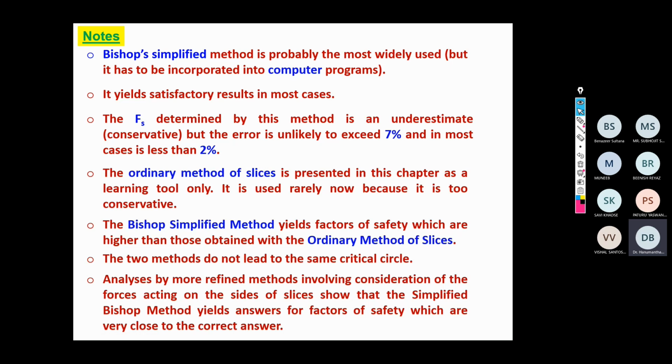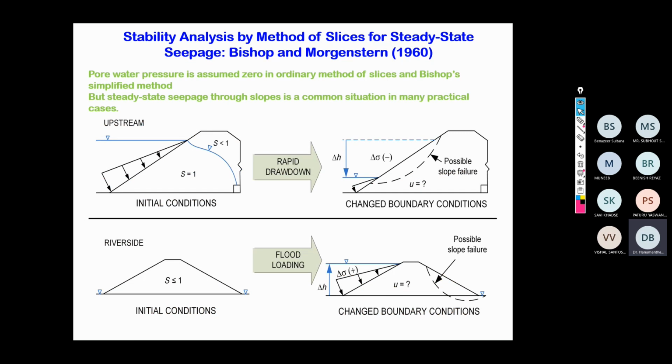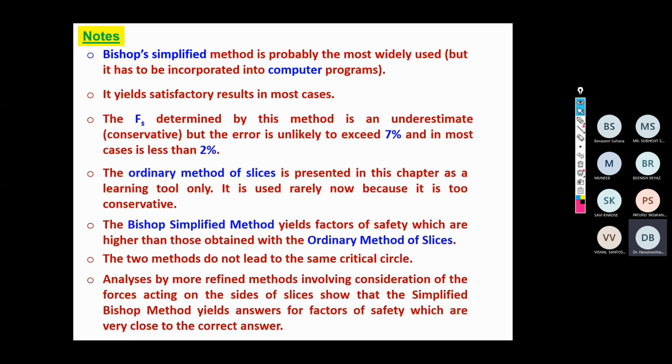Analysis by more refined methods involving consideration of the forces acting on the sides of the slices shows that the simplified Bishop method yields factors of safety which are very close to the correct answers. That means the refinement has not led to much gain in accuracy. So those are some important notes about the Bishop method.